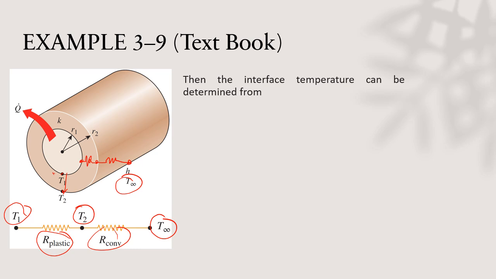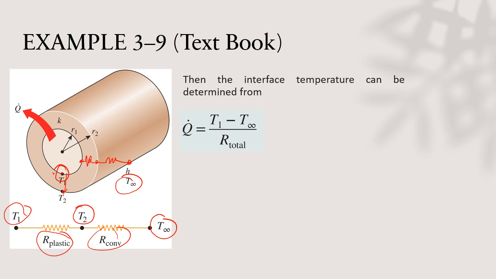Then the interface temperature can be determined from Q dot equal T1 minus T infinity over R total. The interface temperature is T1, the interface between the wire and the insulator. Alright, so we know T infinity, and we don't know Q dot, and we don't know R total.